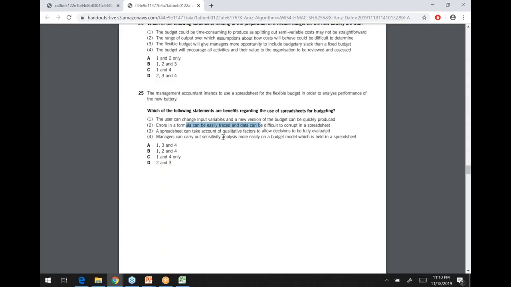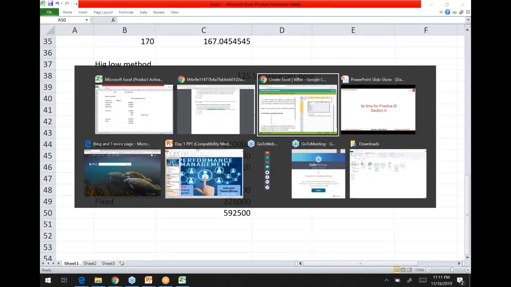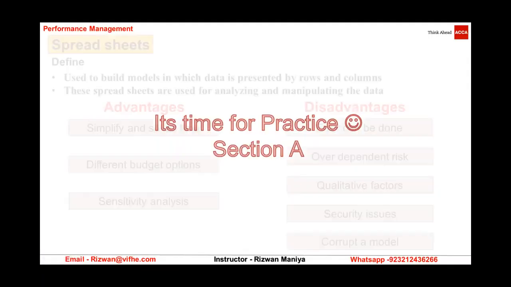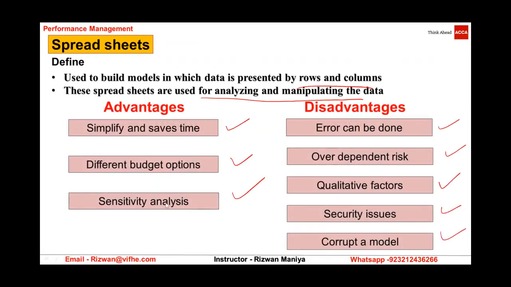A spreadsheet can take account of qualitative factors. This is wrong. A spreadsheet does not take qualitative factors, as I mentioned in the drawbacks. Managers can carry out sensitivity analysis more easily on a budget model held in a spreadsheet. It's true, as we have seen in our drawback sheet, that you can perform sensitivity analysis using a spreadsheet.